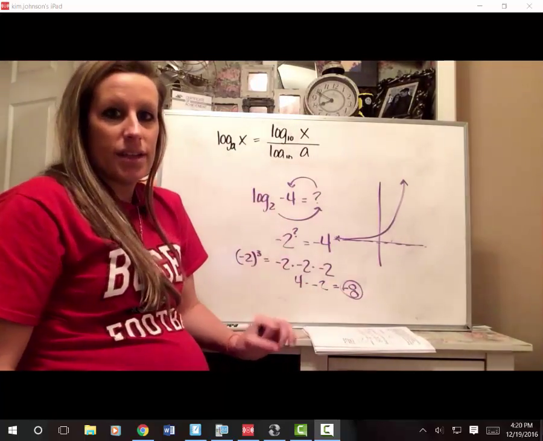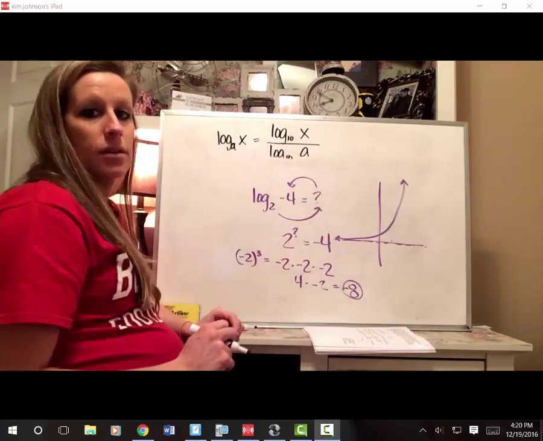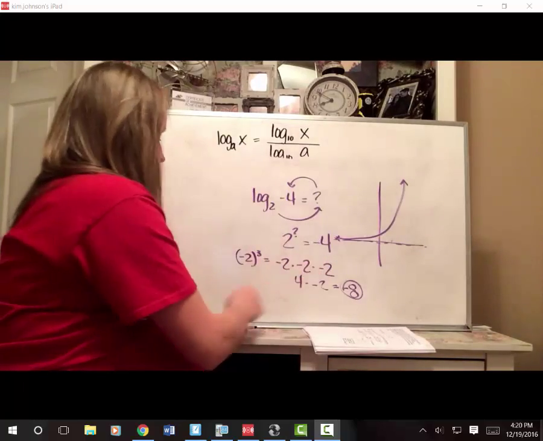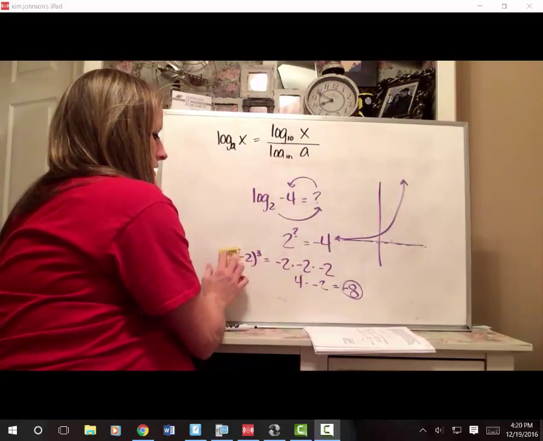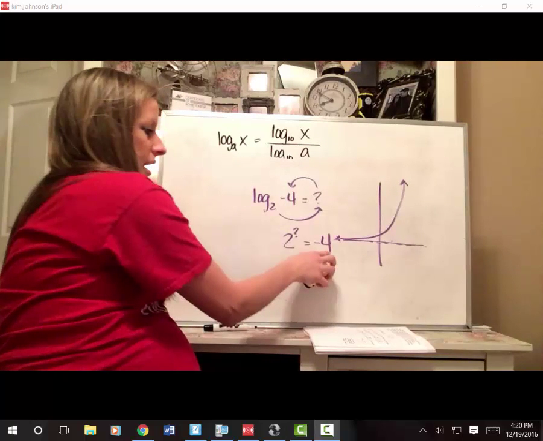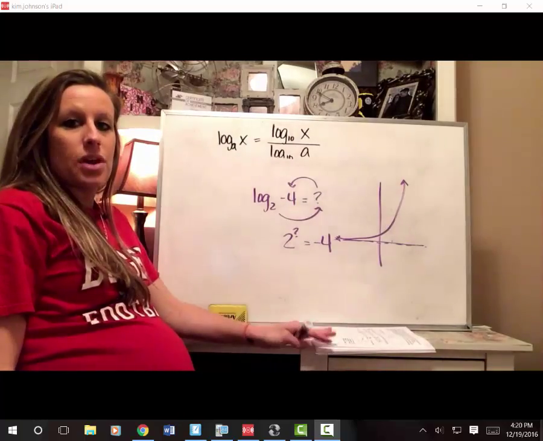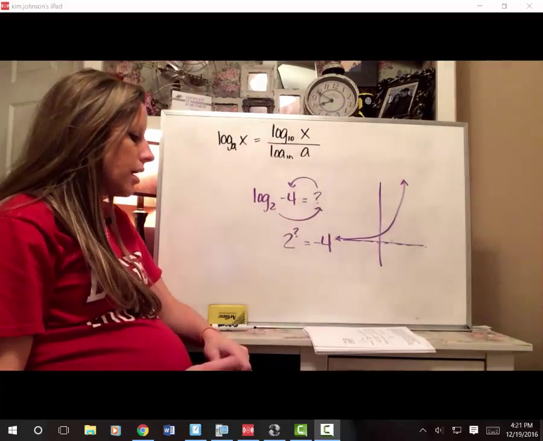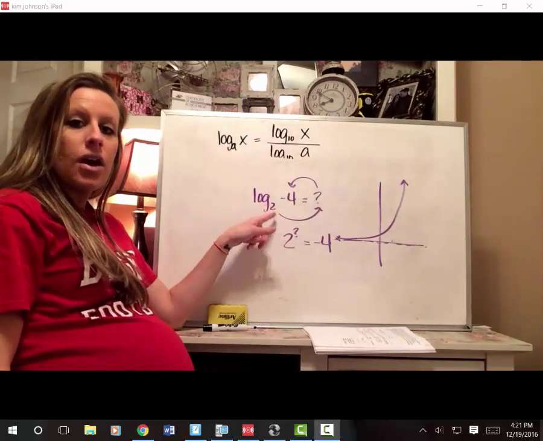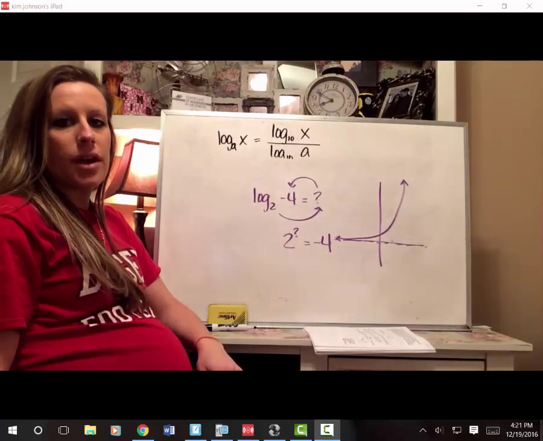There is no way to get a negative number if we have a positive base. I mean, it's just not possible. I could multiply 2 times itself a million times, and there's no way I can get a negative number. So, that's why this problem is not possible. You would have to have a negative base on your log to get a negative number there.